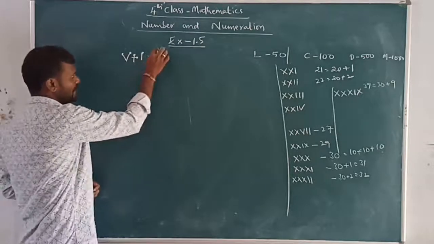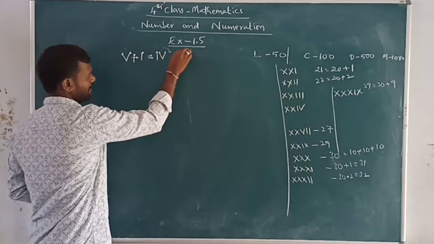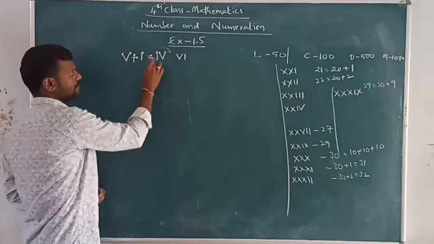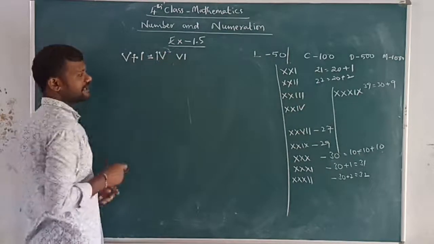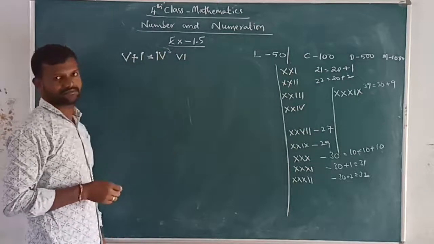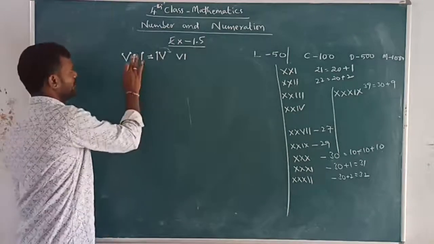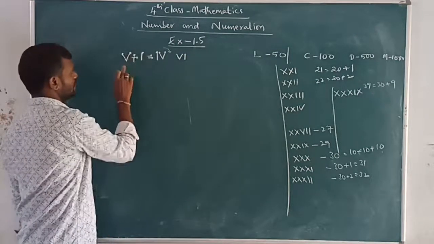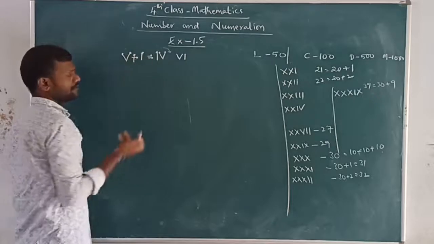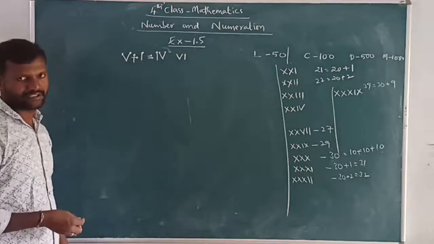If you move this matchstick to this side, then 5 is 1. So if you move this one here, then it will become 6. So 5 plus 1 is equal to 6. Otherwise, if you remove this stick completely, 5 minus 1 is also how much? 4. Like this, you have to do the mental exercise.